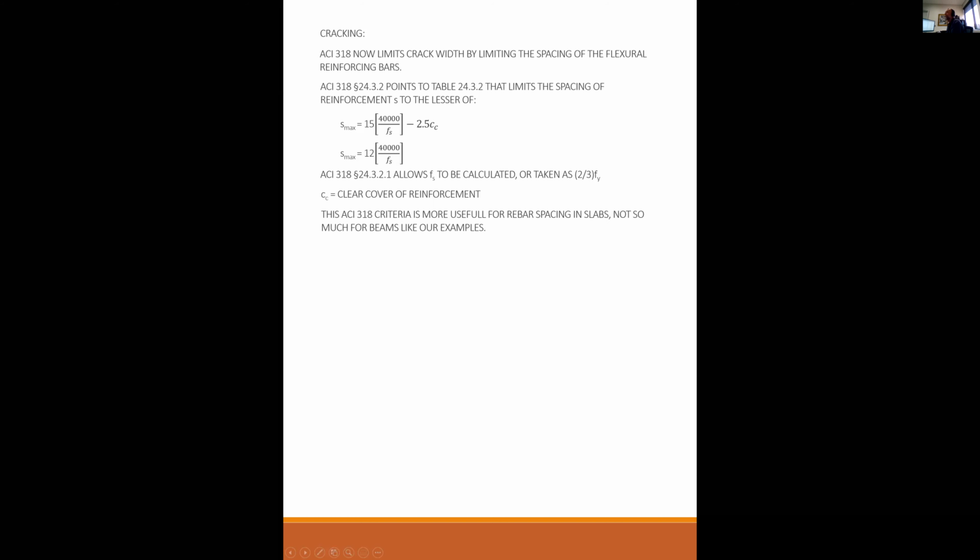Let me draw a little figure because that's a great question and I want everybody to understand what we're talking about. Okay. So here's our beam. And if you have steel in 1 row, I'm going to try to make this pretty. Well, close enough. All right.